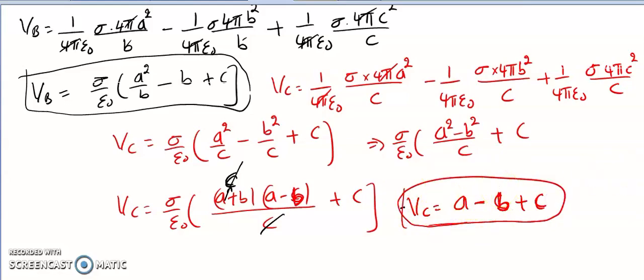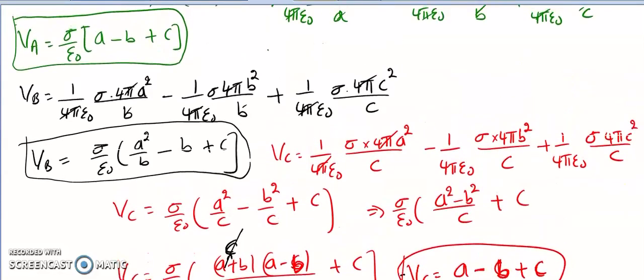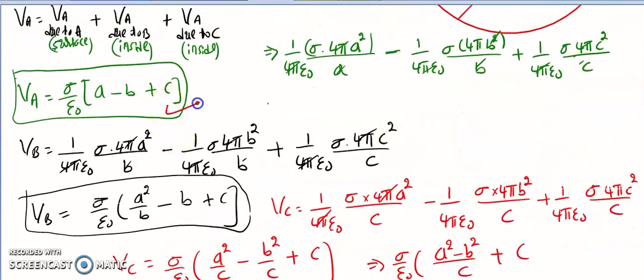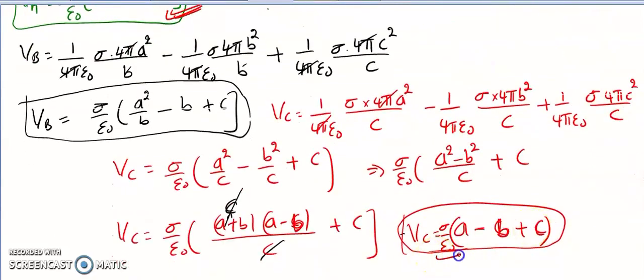Look at this one. In the bracket we have sigma divided by epsilon naught. Comparing BA and BC, both are the same. So from the conclusion, VC is equal to VA, both are same.